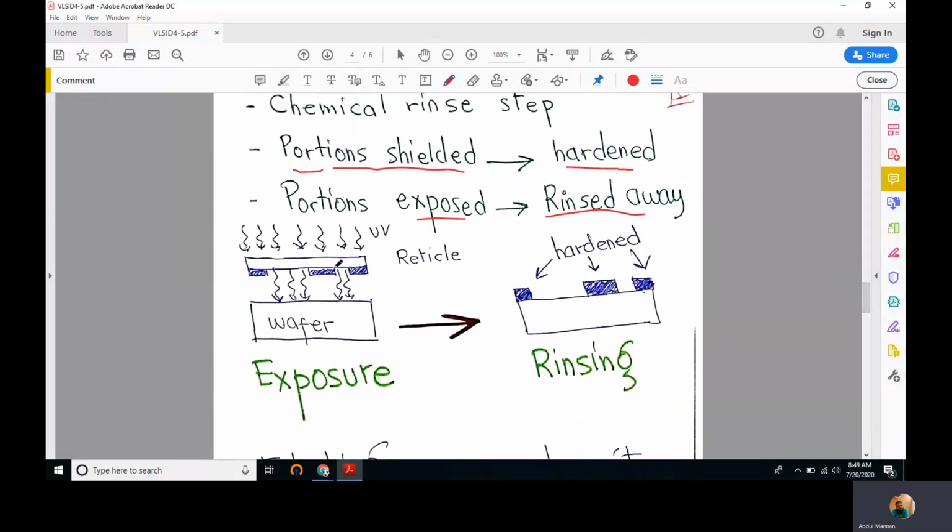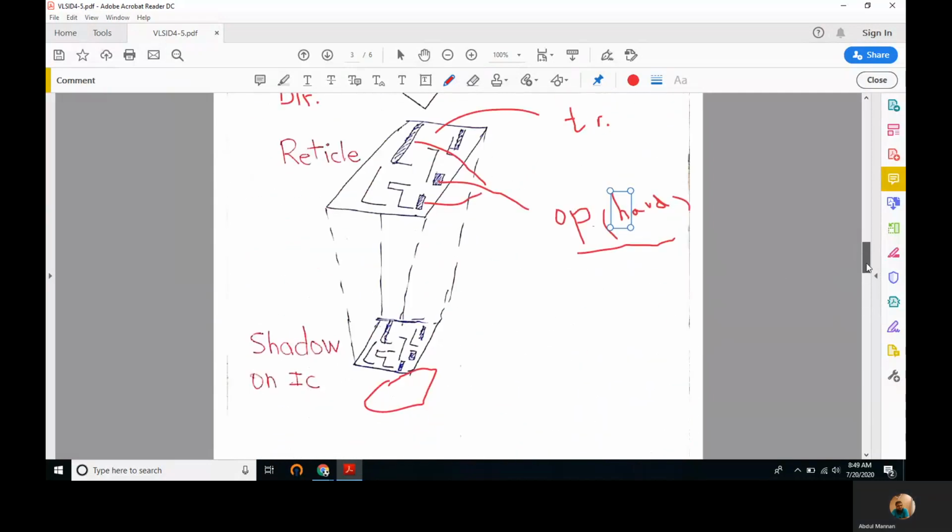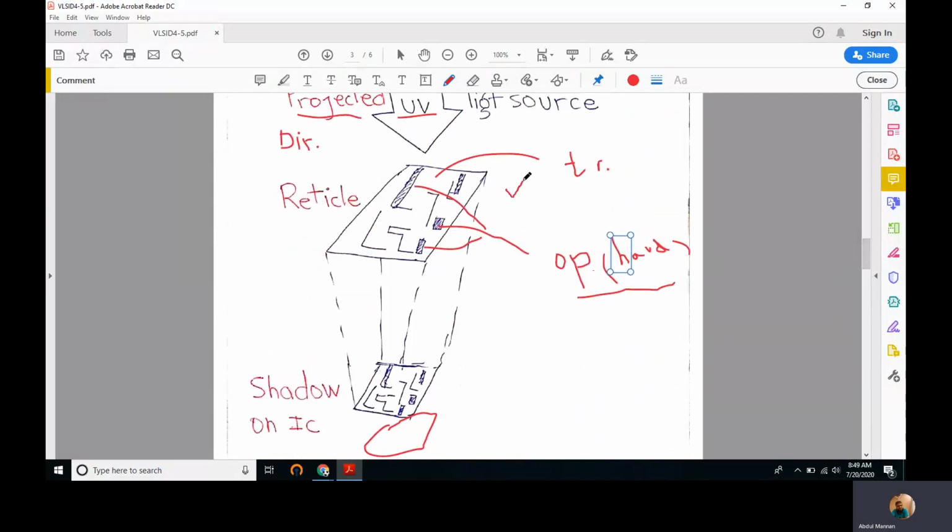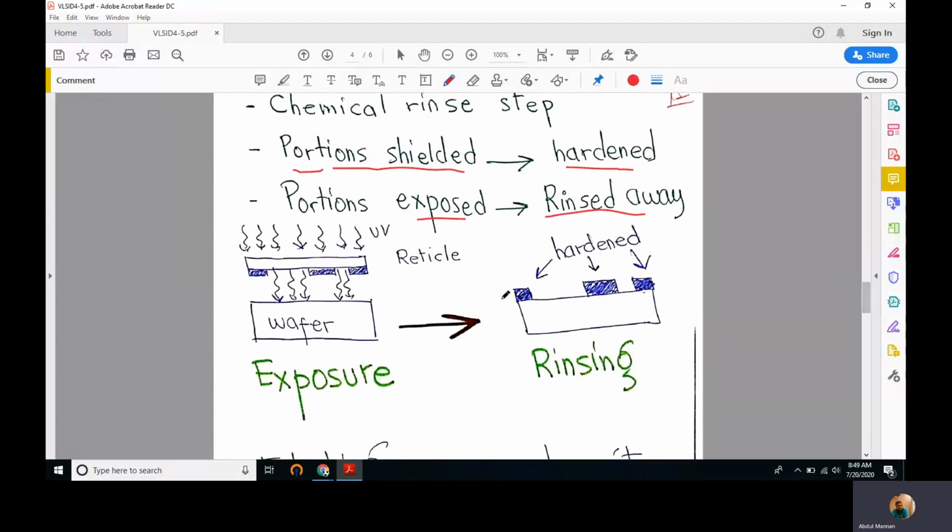This is a cross section of the reticle or mask that we have used here. We see that at some portions it is opaque, for example this portion and this portion, and at certain other portions it is transparent. UV light passes through the transparent portions and falls on the wafer which has already been coated with the photoresist material.